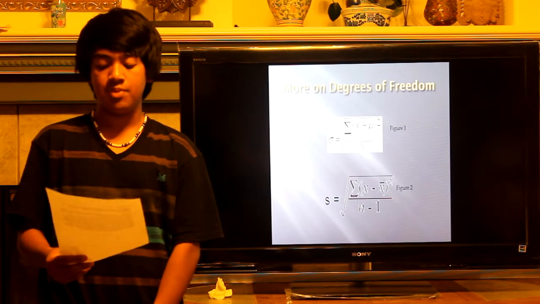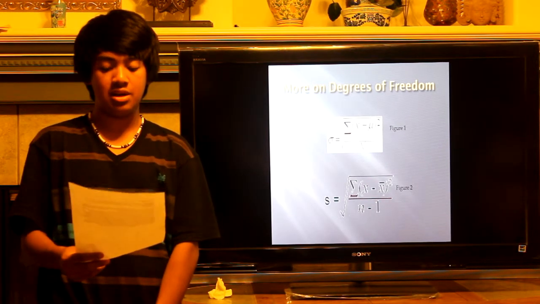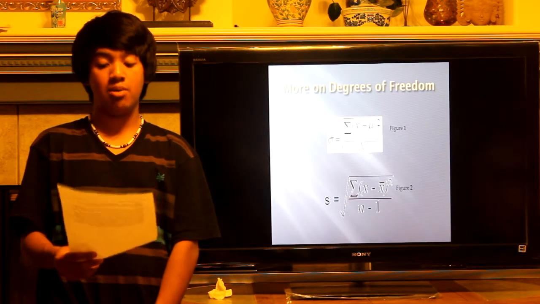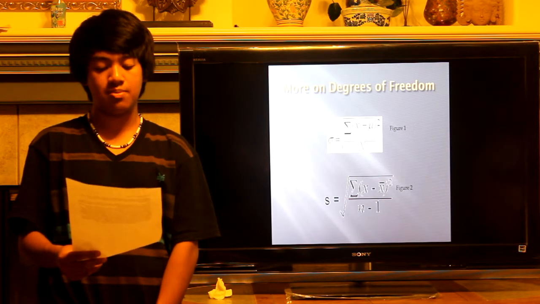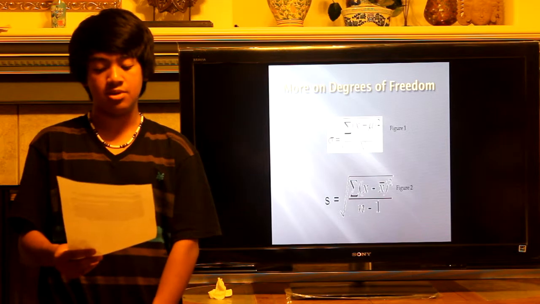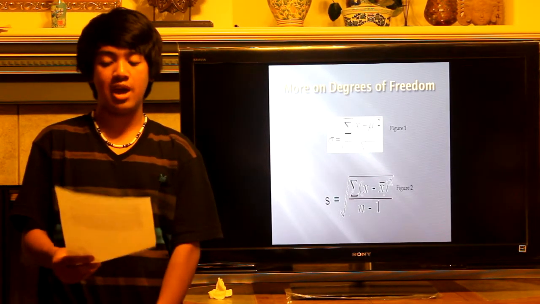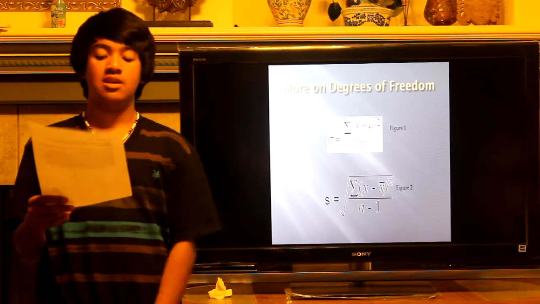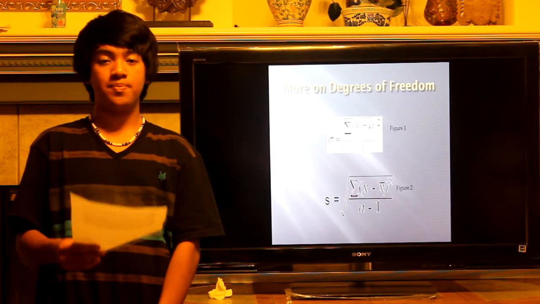This creates a problem, because the difference between the sample datum and the sample mean is smaller than the difference between the sample datum and the true population mean. The summation of the squares of the previous will be smaller than the summation of the squares of the latter. In order to compensate for this, we divide the summation by n-1 instead of n, essentially fixing the smaller summation value by dividing it by a smaller value.